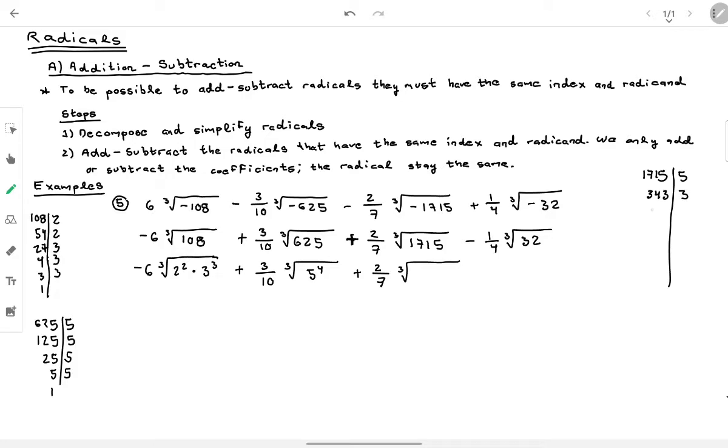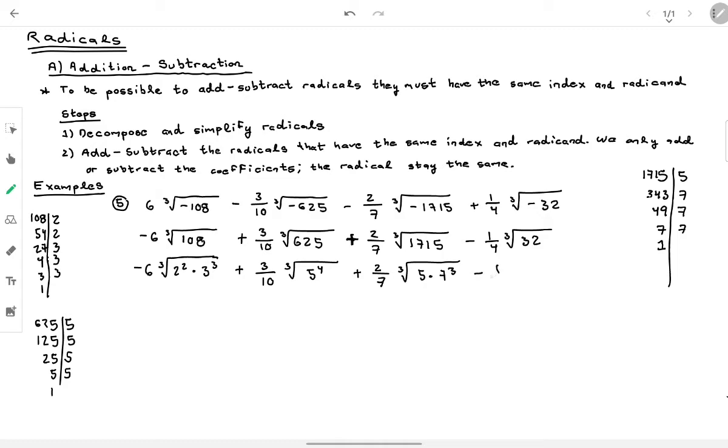Divided by 3, it's not possible to simplify it by 3. So by 5, it's also not possible. So let's try 7. It's going to be 49. 7, it's going to be 7. 7, it's going to be 1. So this one is going to be 5 that multiplies 7 cubed.